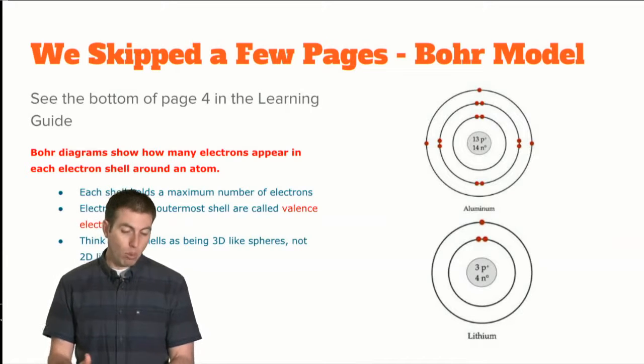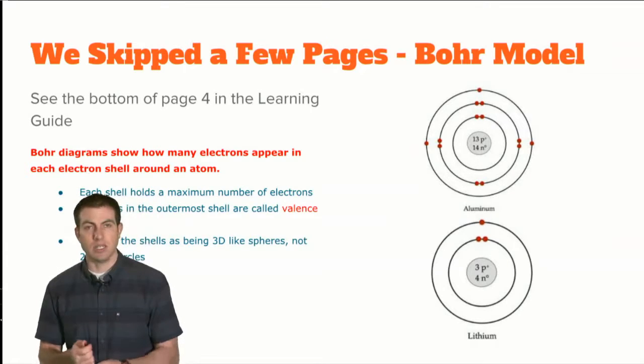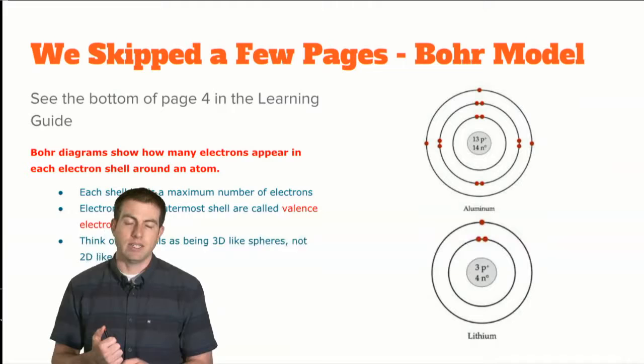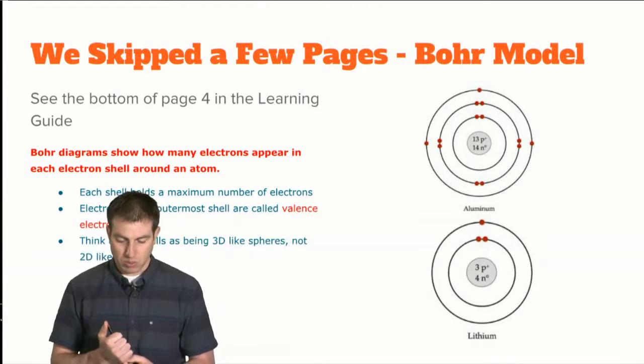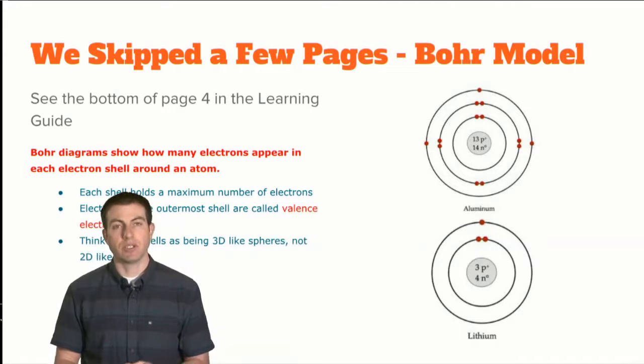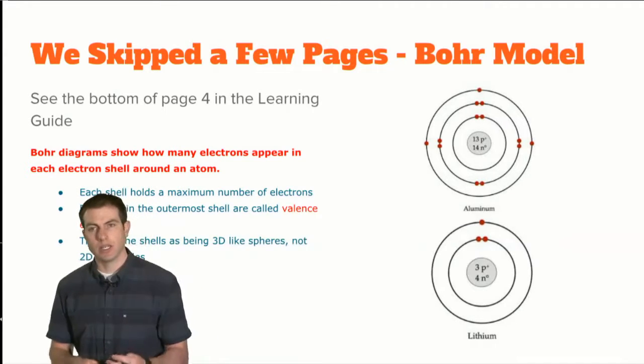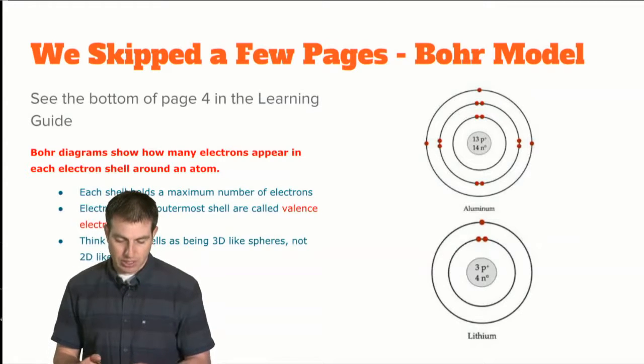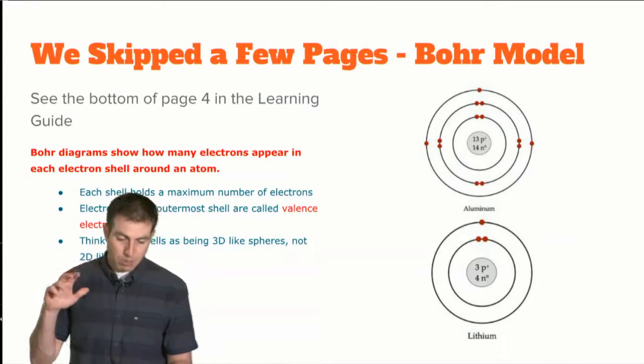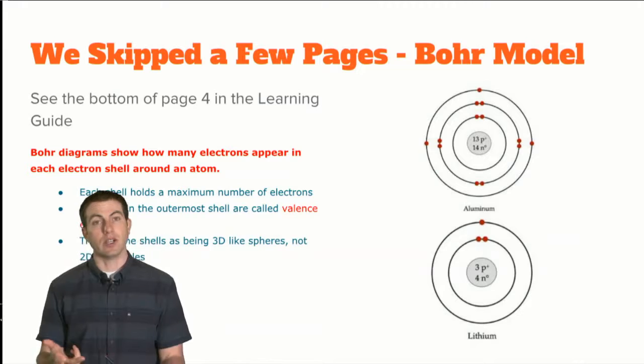So Bohr models were named after Niels Bohr, and he had a bunch of middle names, but I never remember what they were. And they're, again, just really simplified versions of what atoms look like. So we're going to spend some time, yeah, Abby, you got it, perfect. We're going to spend some time looking at them. So Bohr diagrams show you how many electrons are in an atom.